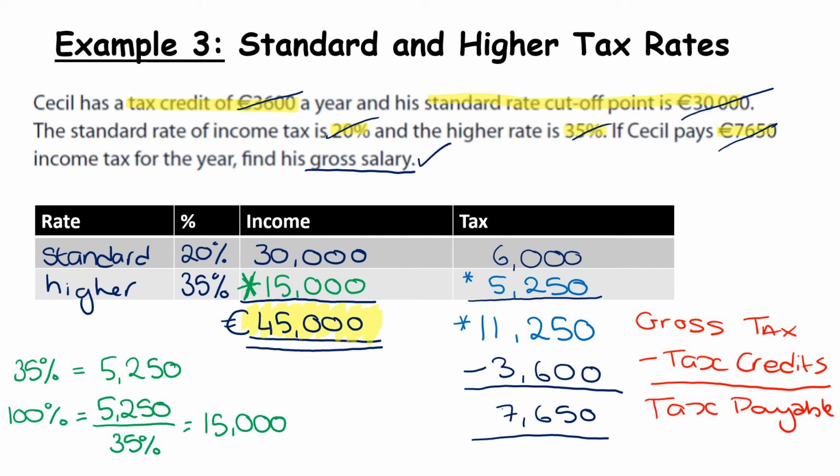So if you're not using a layout because you're okay with the easier questions where they're just asking us for our tax payable, or if they're asking us for the net income, just really think, how would you then approach this question if you didn't have a good layout? Okay, if you're saying I'm not sure, then I would say consider a good layout.